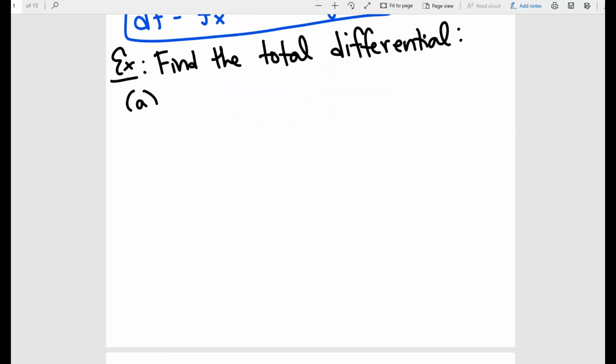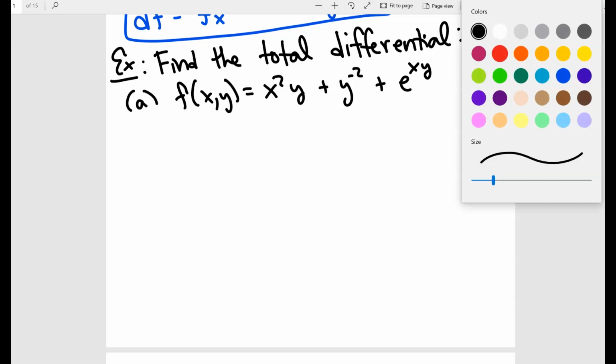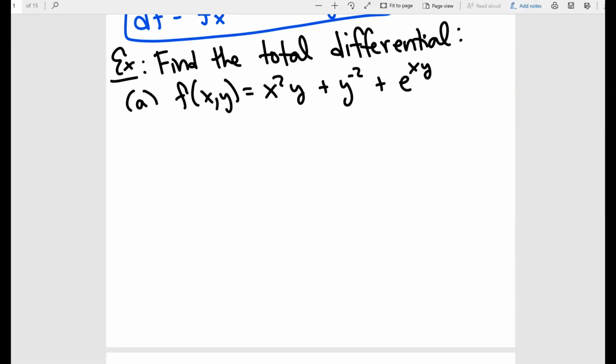Let's say for this one we have f of x comma y equal to x squared y plus y to the negative 2 plus e to the xy. What would be the total differential in this case? First things first, let's write down the formula for the differential. We know that df is equal to the partial derivative with respect to x dx plus the partial derivative with respect to y dy.